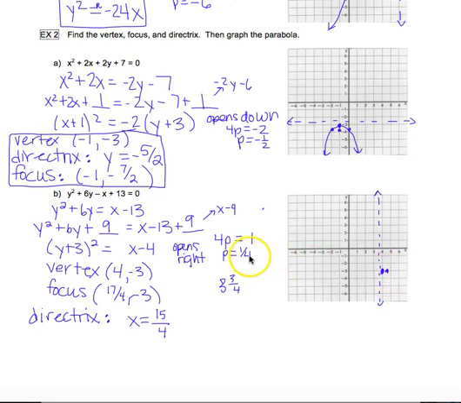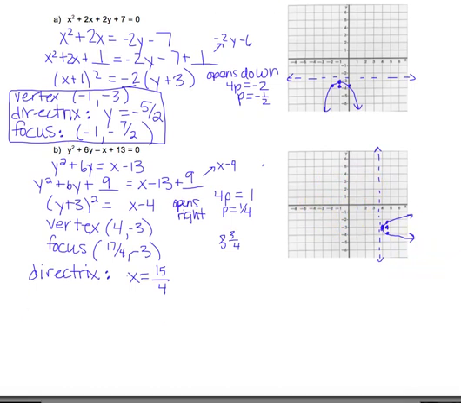So width at the focus is 1 unit, which means half a unit, in this case up, and half a unit down. You can see this is a very little guy, but I can connect it this way and that way. Now I've got the correct width. Everything about my parabola looks good.